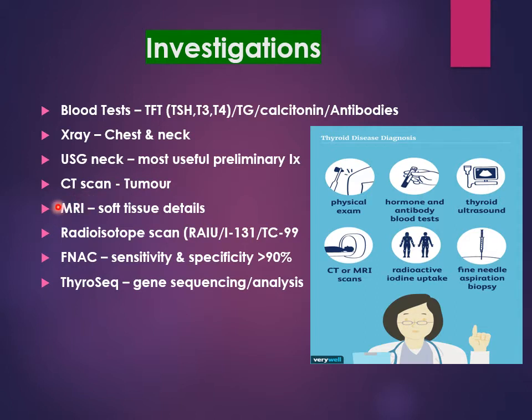Ultrasound neck is the most important first-line investigation for thyroid problems. CT scan, especially if tumor is suspected. Then the others include radioiodide isotope scan, FNAC, fine needle aspiration cytology, which is very highly sensitive and specific, more than 90%.